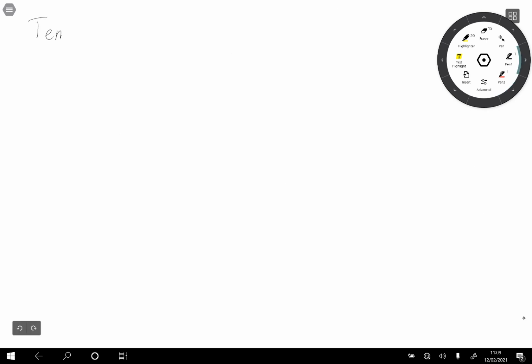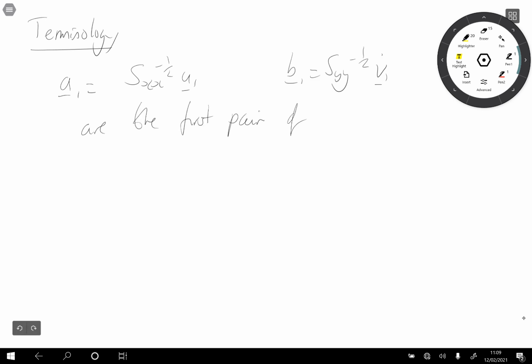So just some terminology then. We say that A1 and B1 are the first pair of canonical correlation vectors. So in a similar way to how the first eigenvector was the first principal component of the data, the first left and right singular vectors of Q are the first canonical correlation vectors.